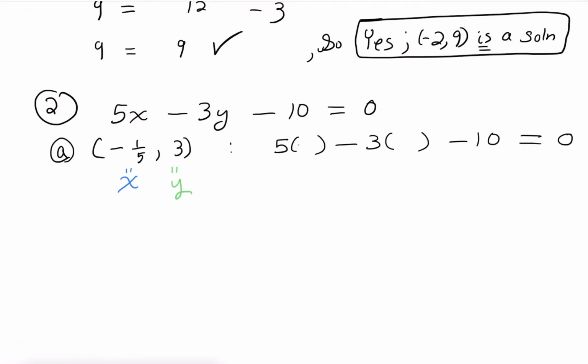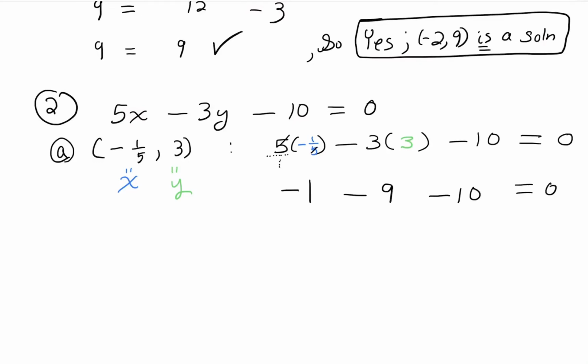So in for x is the negative 1/5, and in for the y is the 3. So order of operations in that first term, 5 times negative 1/5, if you want, think of that as 5 over 1, but the 5 over 5 is just a factor of 1, but there is still a negative there. So negative 1 minus 9 minus 10.